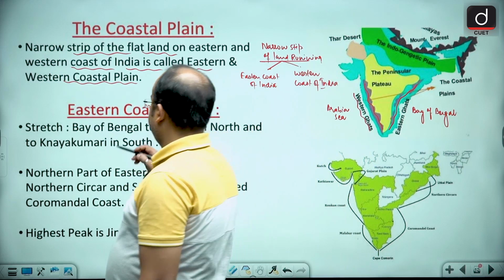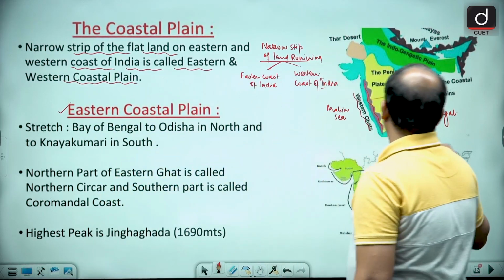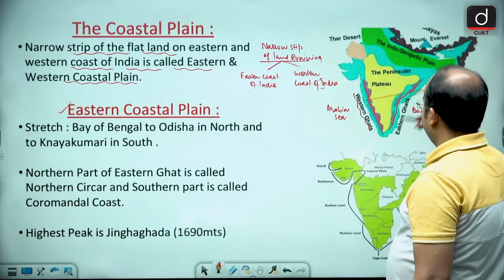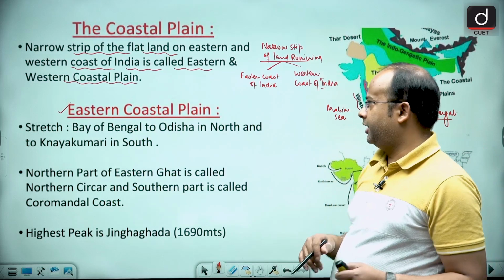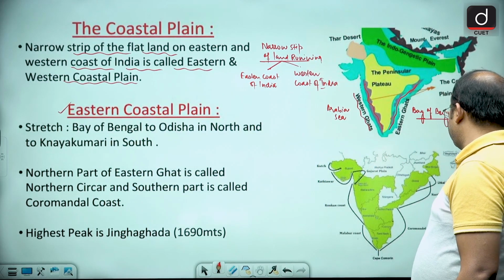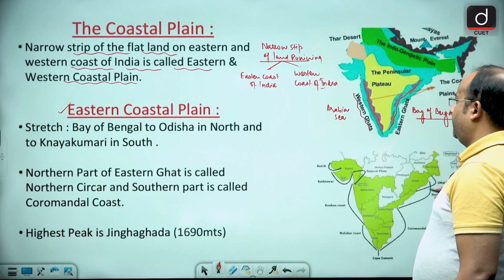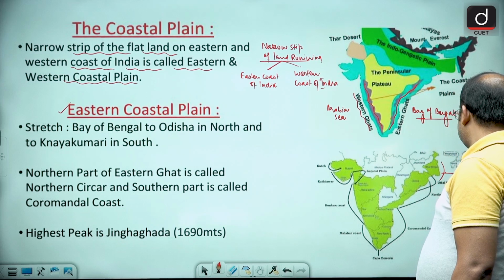Now guys, if I talk about the eastern coastal plain, it runs parallel to the Eastern Ghat. The stretch, as you can see, is from the Bay of Bengal to Odisha, which is called the Vanga coast.